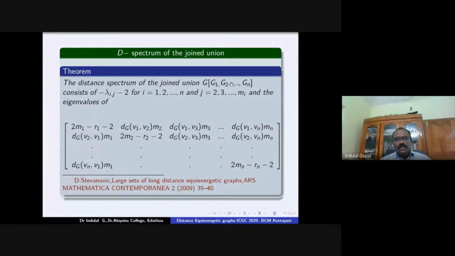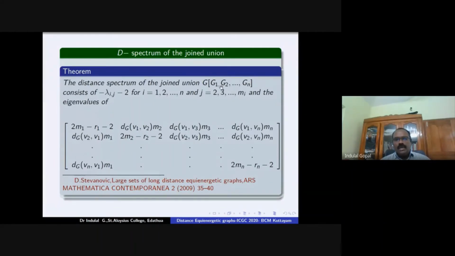Even though G1, G2, etc. Gn vary, this auxiliary matrix remains the same, since the distances between the vertices in these graphs do not change, and M1, M2, M3, etc. Mn are the numbers of vertices in G1, G2, etc. Gn.